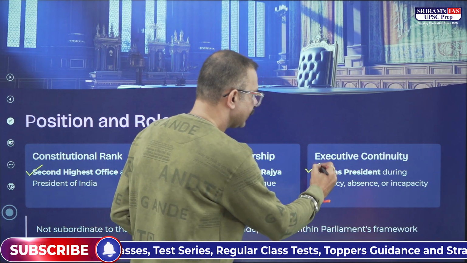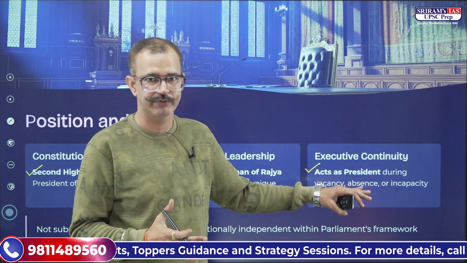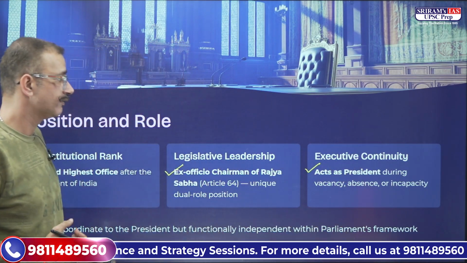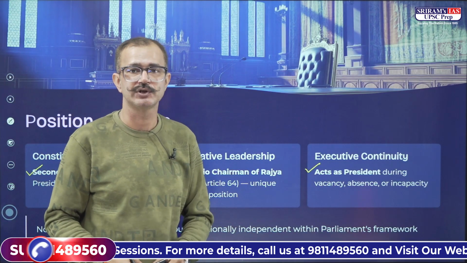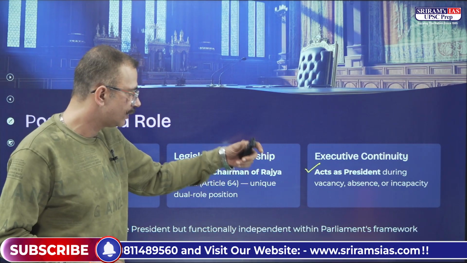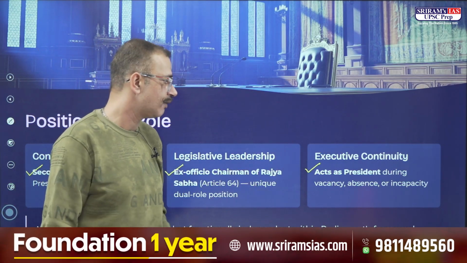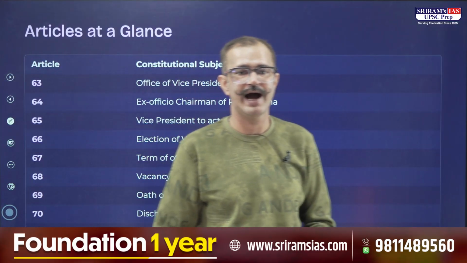Also, when the President is not in office, he acts as the President during the vacancy, absence or incapacity of the President of India. So over here, he is not subordinate to the President, but is functionally independent within the Parliament's framework that we have in India.